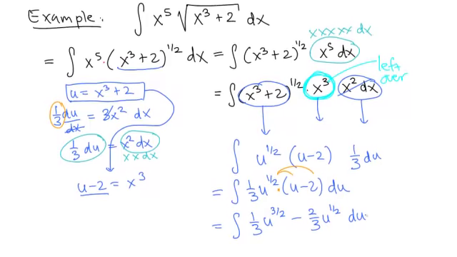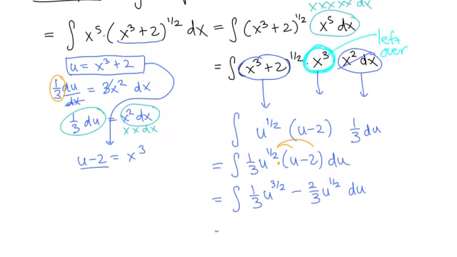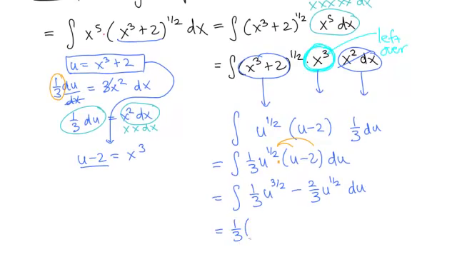These are now just two power functions, so we can integrate them one at a time. The 1/3 comes along for the ride. To anti-differentiate u to the 3/2, let's see, we up the power by 1, u to the 5/2, and then I have to multiply by 2/5 as a fudge factor. Take away 2/3 comes along for the ride. The antiderivative of u to the 1/2, well, we up the power by 1, so we're going to have u to the 3/2, and then we have to multiply by 2/3 to get our fudge factor.